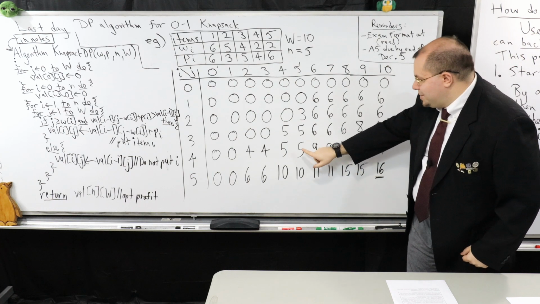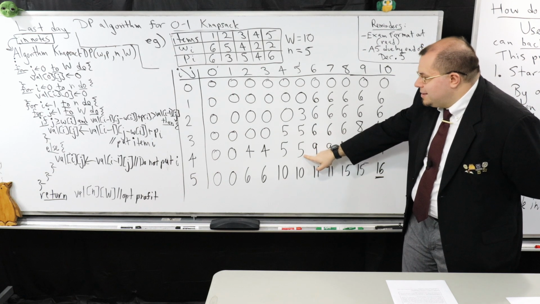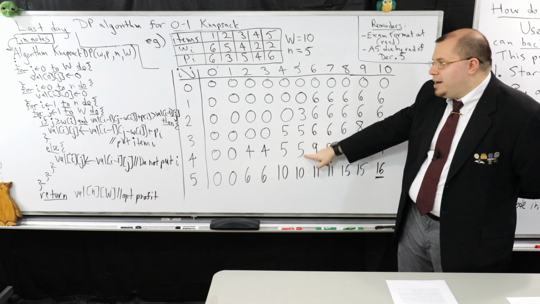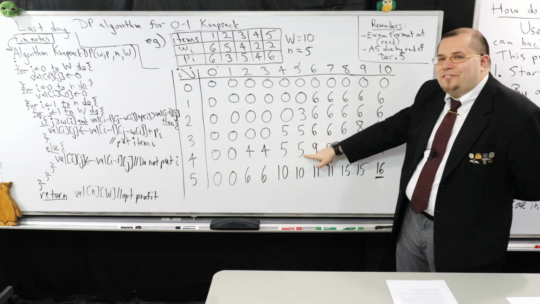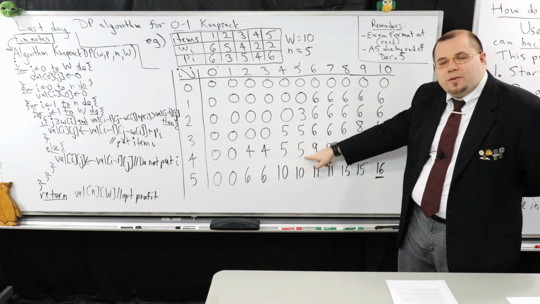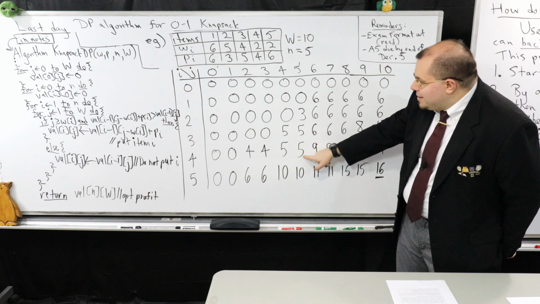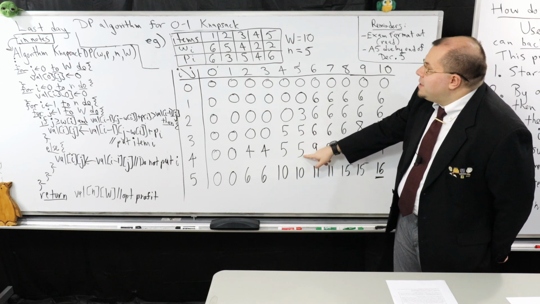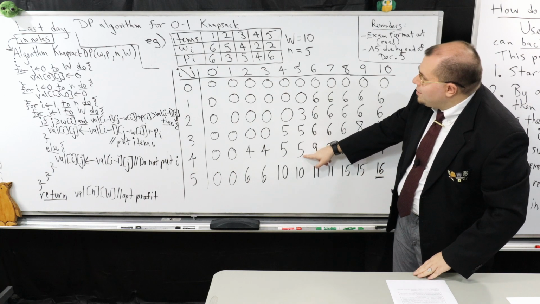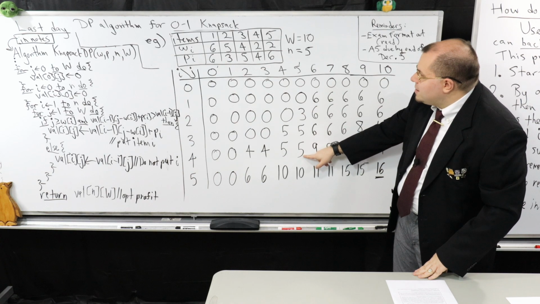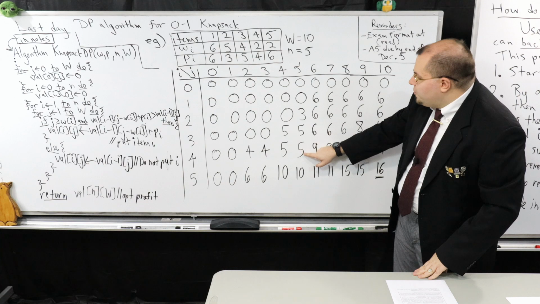So for example, if I look at this one here, this is, if I consider the first 4 items with a knapsack capacity of 5, what the optimal profit would be. The way I computed this is, when I look at my items over there, if I look at item 4's weight, it is 2.